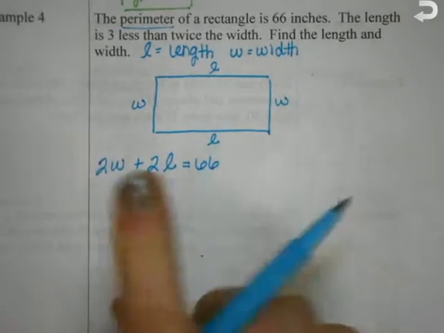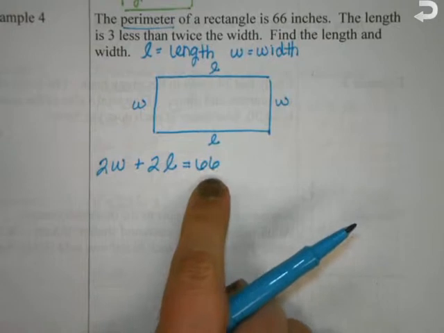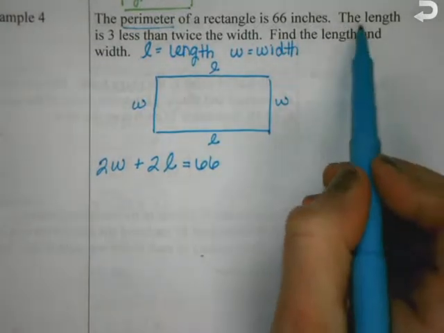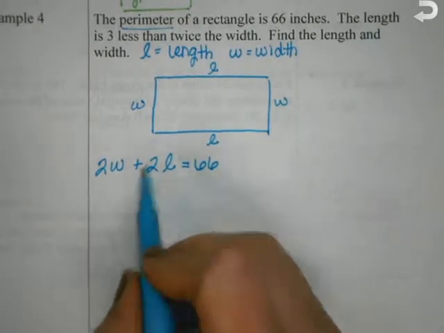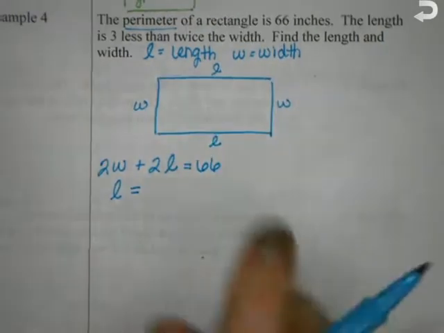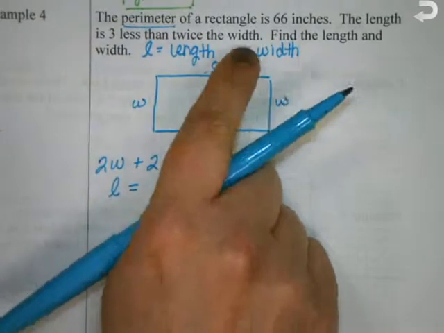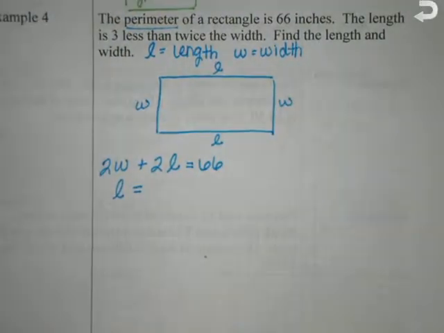Okay. Second sentence. Length equals 3 less than twice the width. How would I write that? Not 3 minus 2W.